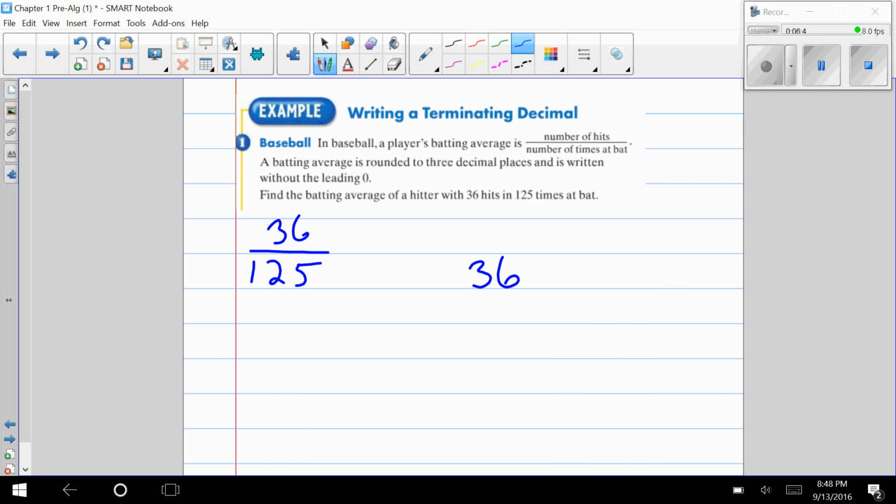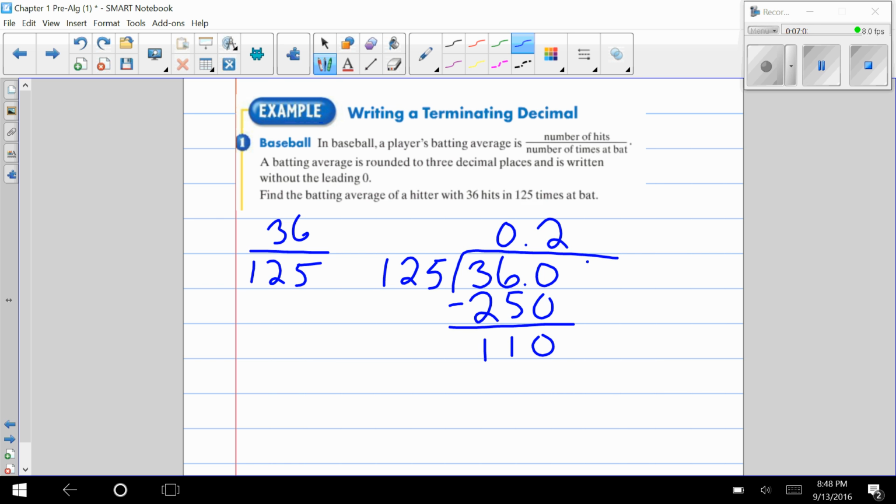Remember, the 36 will go underneath, the 125 will go outside. We know 125 doesn't go into 36, so we'll add a 0. How many times does 125 go into 360? I would say 2. 2 times 125 is 250, leaving me with 110 left over.